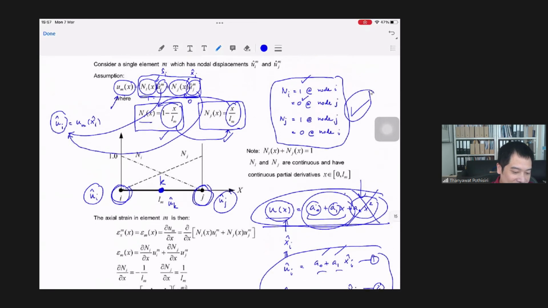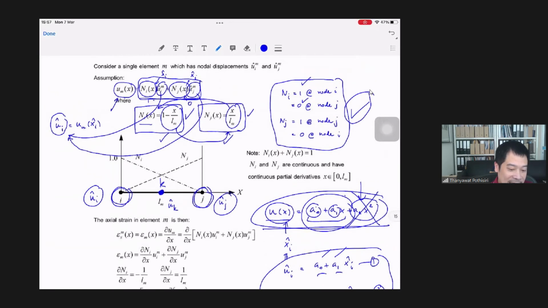So you would end up with this Ni and Nj without any choice for a two-node element with the finite element approximation. Keep that in mind.